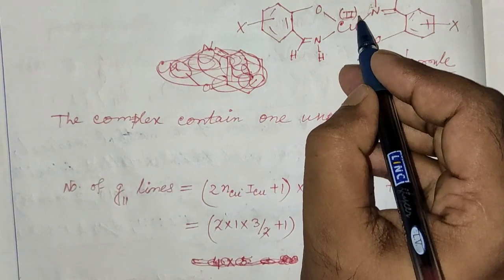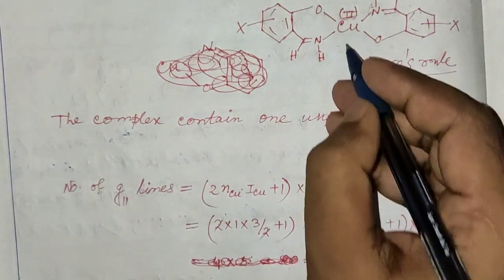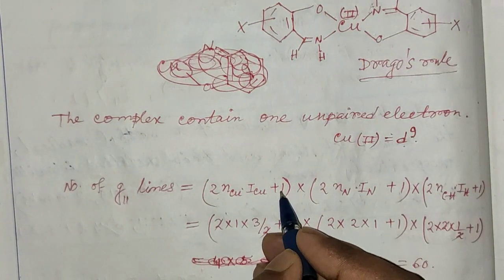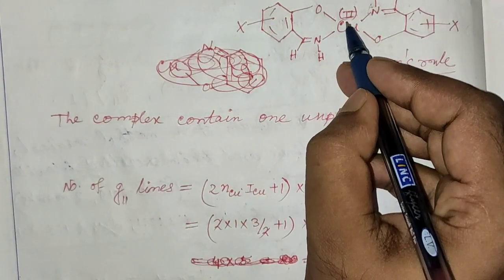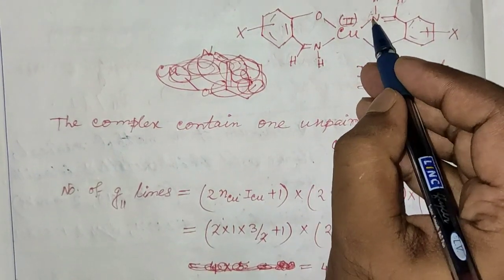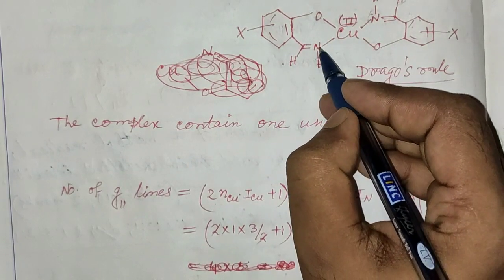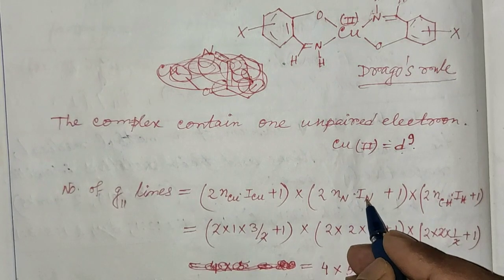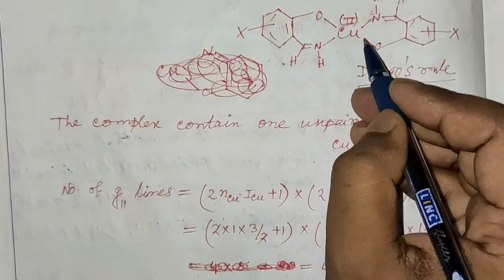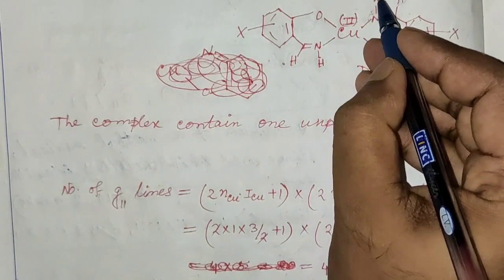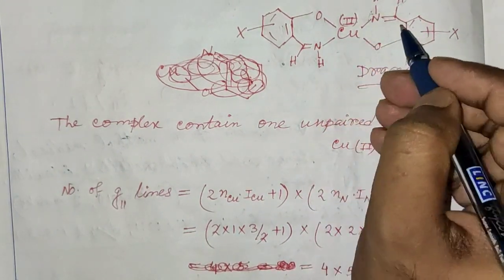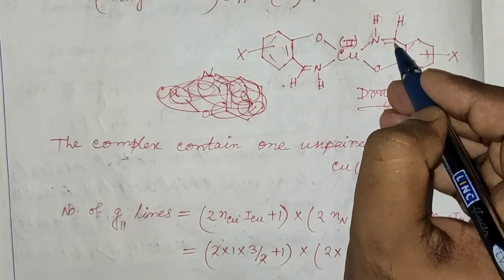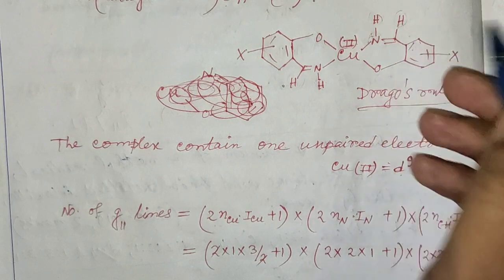This unpaired electron is present on the copper center, and it will be split by the I value of copper following the 2nI plus 1 rule. That line will be further split by these two equivalent nitrogen nuclei following the rule of 2n times I of nitrogen plus 1, and these lines will not be split by these two hydrogen nuclei attached to the nitrogen, but will be split by these two hydrogen nuclei since these are attached to a magnetically inactive nucleus.